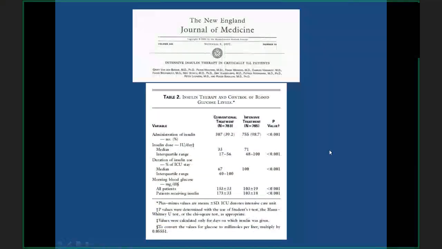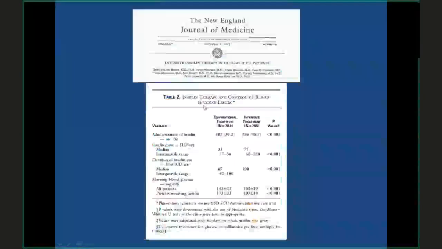The second study is about intensive insulin treatment. This study was published in the New England Journal of Medicine in 2001.